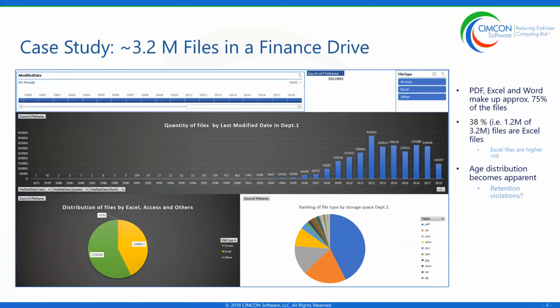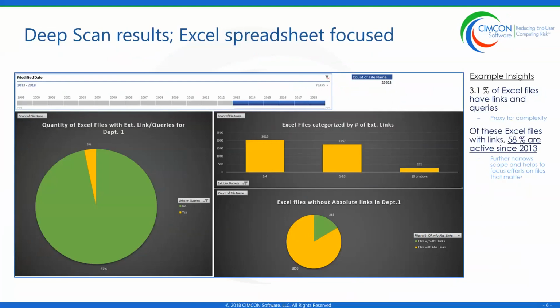You can see it gives a breakdown of file type. Again, in the EUC world, we're not so much interested in a Word doc as we would be in an Excel document. And the further breakdown of these files helps you understand some of the complexity aspects of this.